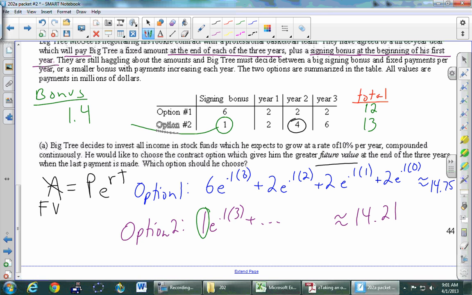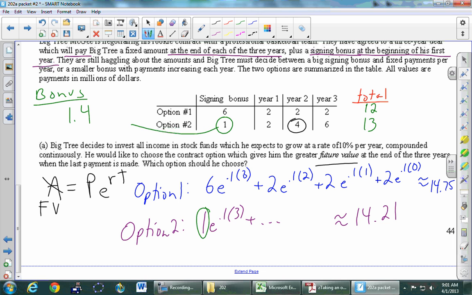Okay, then what you could do to answer the previous question, you've already decided which option is better. We all agree option 1 is better, but let's pretend we haven't done any of these calculations here at the bottom. In order to figure out which option is better, instead of doing a bunch of future values and adding them up, we could do a bunch of present values and add them up. We just found 3.27. That's the present value of this particular $4 million check. You could do the same thing.